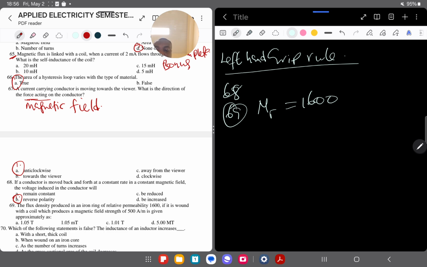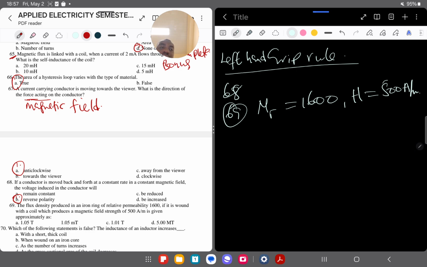This ring is wound with a coil which produces a magnetic field strength of 500 amps per meter. So we have H here, which represents magnetic field strength, 500 amps per meter.